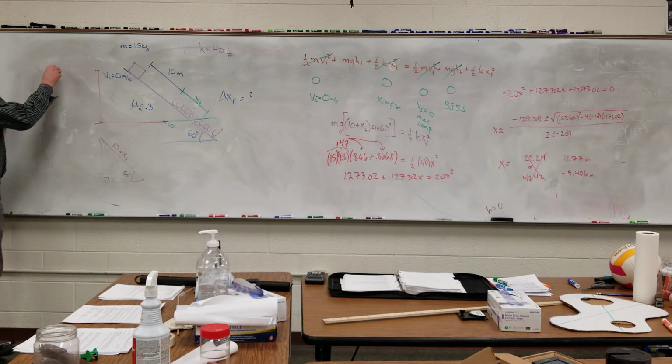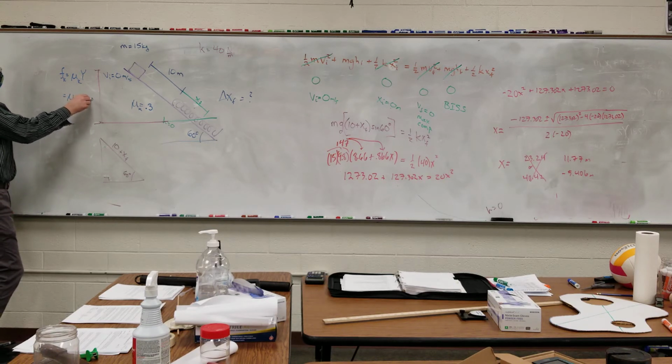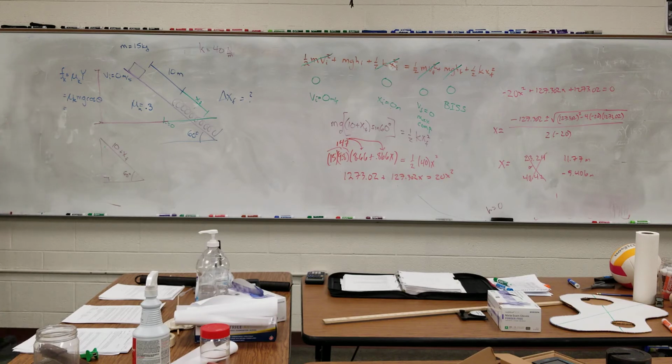I know that kinetic friction is equal to mu K times the normal force. We've gone through this box on ramp problem. This would ultimately be mu K times mg cosine of the angle theta. So I can find the friction force because I now know mu, I know m, I know g, I know theta, which is 60 degrees. And since we need to know it at some point, what is this number?